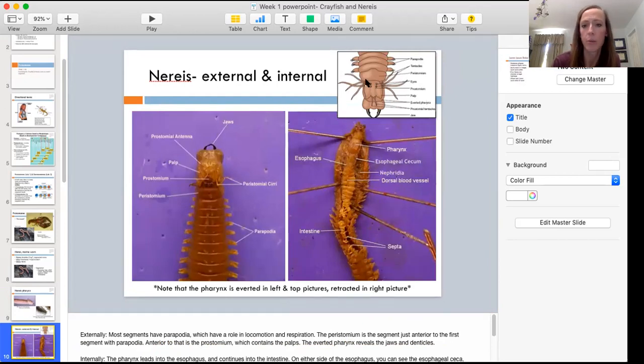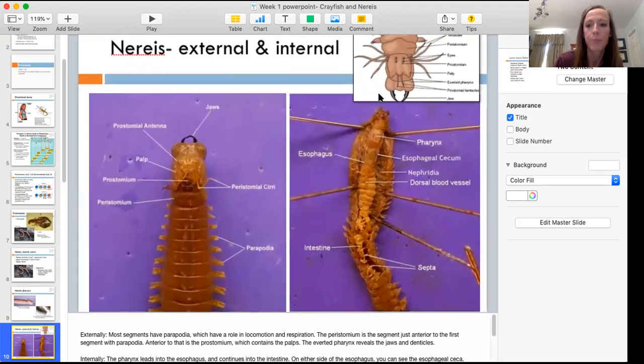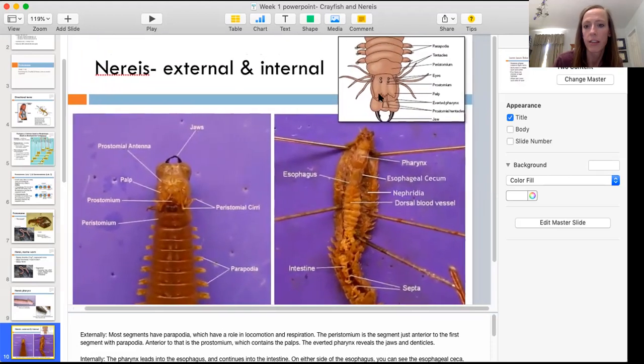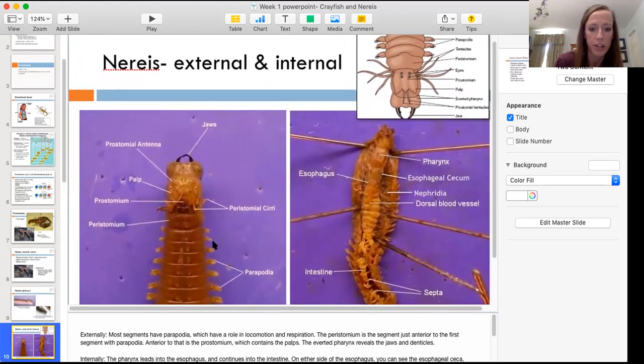I talked to you about the fact that there were some specialized appendages in the head region. Most of the appendages are called parapodia, okay? And they are on almost all of the body segments. If you look though towards the head, there's a segment that is just in front of the first segment with parapodia.